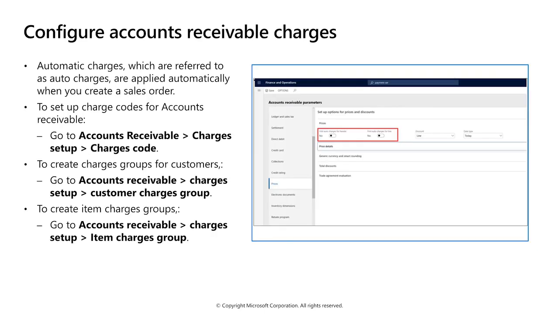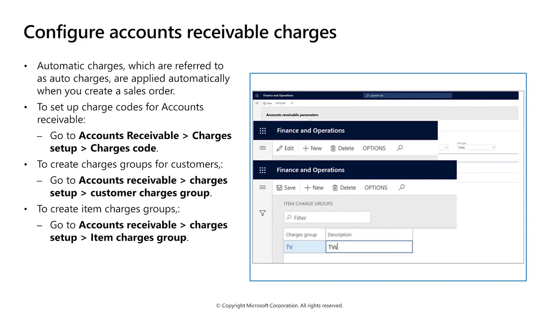Please remember, first and foremost, we will have to ask the system to look for auto charge when a sales order is created. We define this in account receivable setup, account receivable parameters. In the account receivable parameters, go to the price tab and tick the field for find auto charge for header and find auto charge for line as applicable.